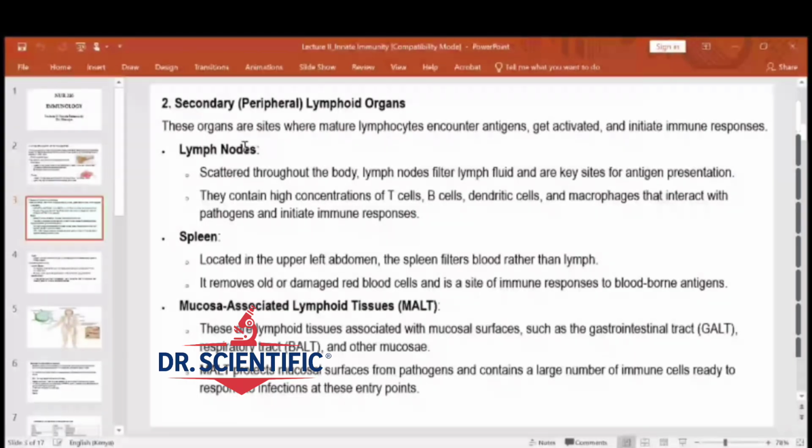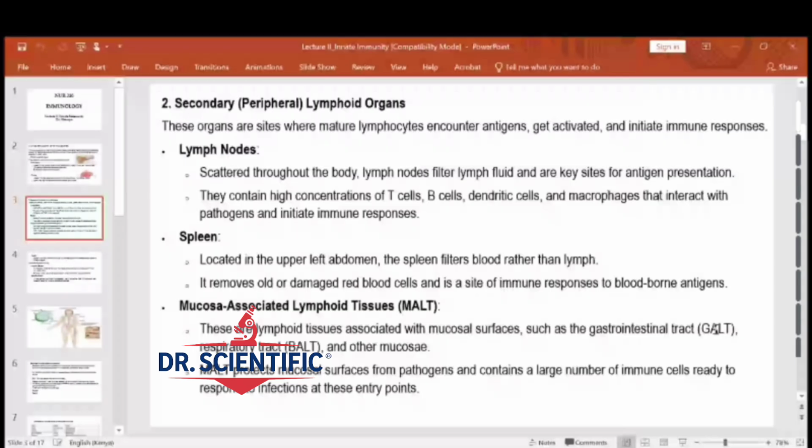So we would have the GIT, which we call GALT. It's part of MALT, the mucosa associated lymphoid tissue. G stands for gastrointestinal tract, associated lymphoid tissue.